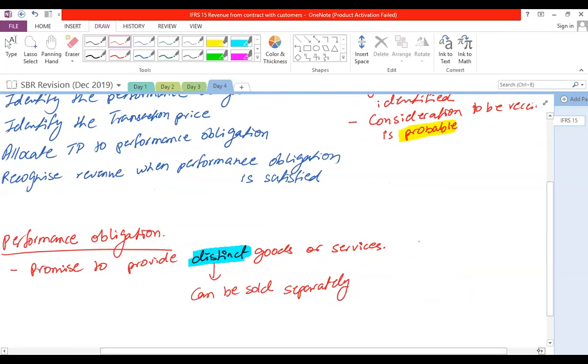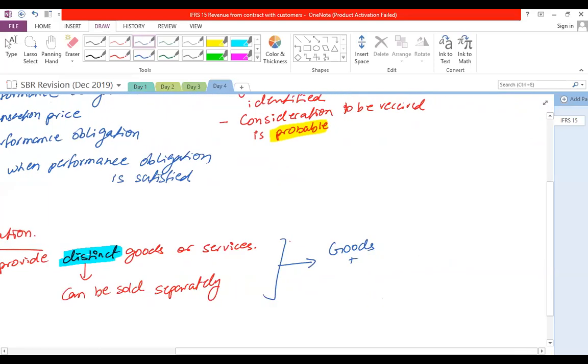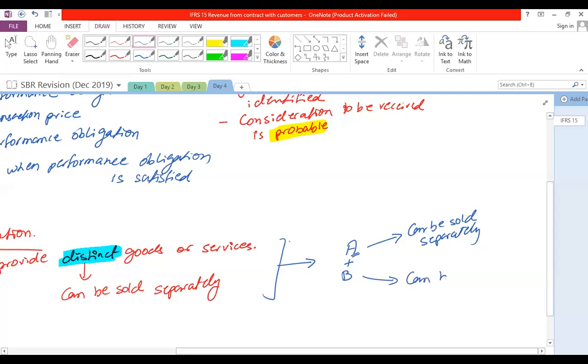So now let's suppose that there's a company which usually sells some goods, and we are selling product A and product B. If product A can be sold separately, we are going to call it distinct. If product B can be sold separately, again we are going to call this distinct.